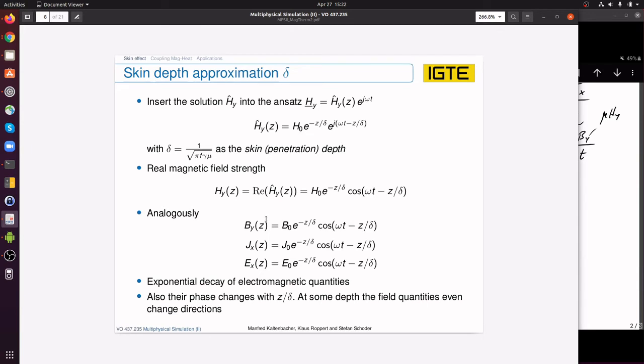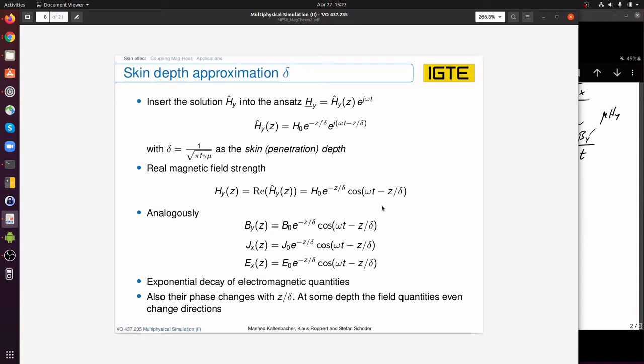And this basically means that we have exponential decay of our electromagnetic quantities, and also a phase shift of the quantities. This is especially true if we consider eddy currents, which are always forming closed loops. So the loops on the surface, if you consider them flowing at the surface in one direction, they have to close, of course.